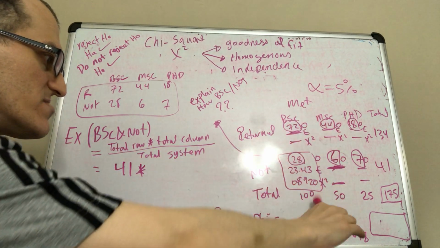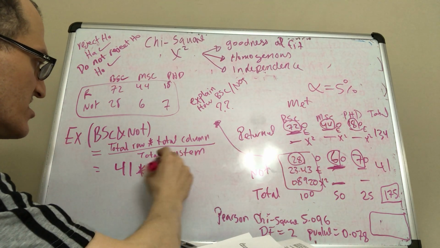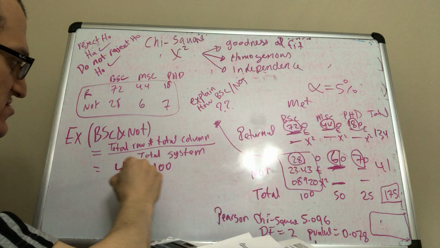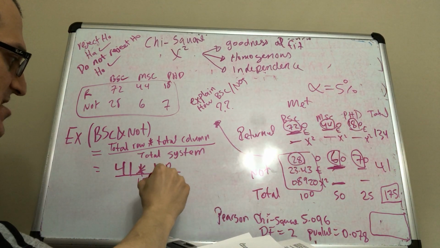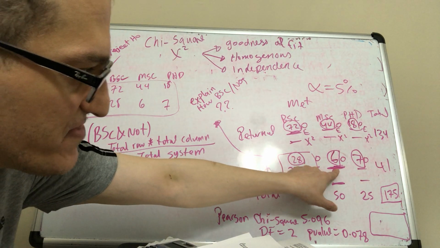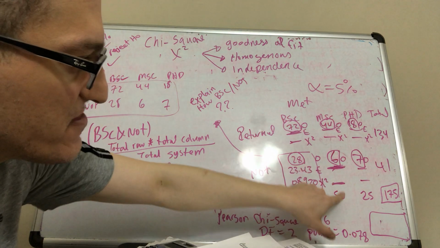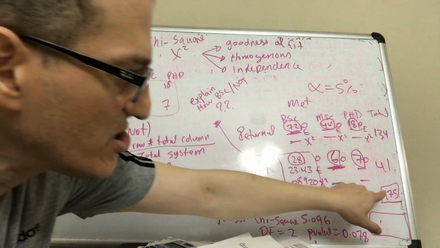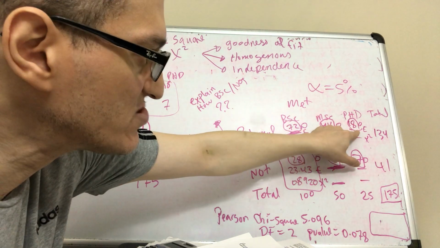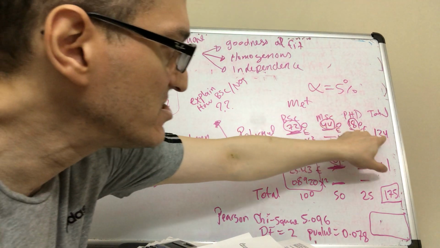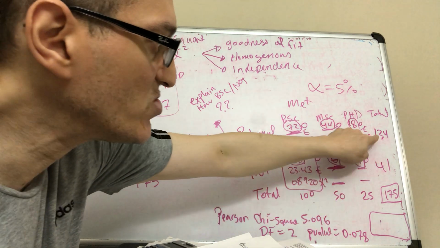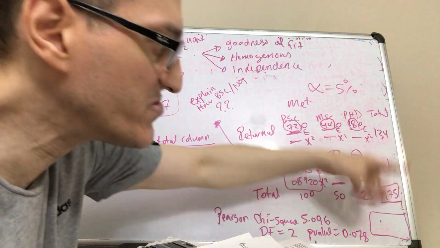What's the total column? 100. What's the grand total of the system? 175. So if you're asked for this one, it's 41 times 50 over 175. If you're asked for the expected, say, this one for PhD, total row 134, total column 25, so 134 times 25 over 175.